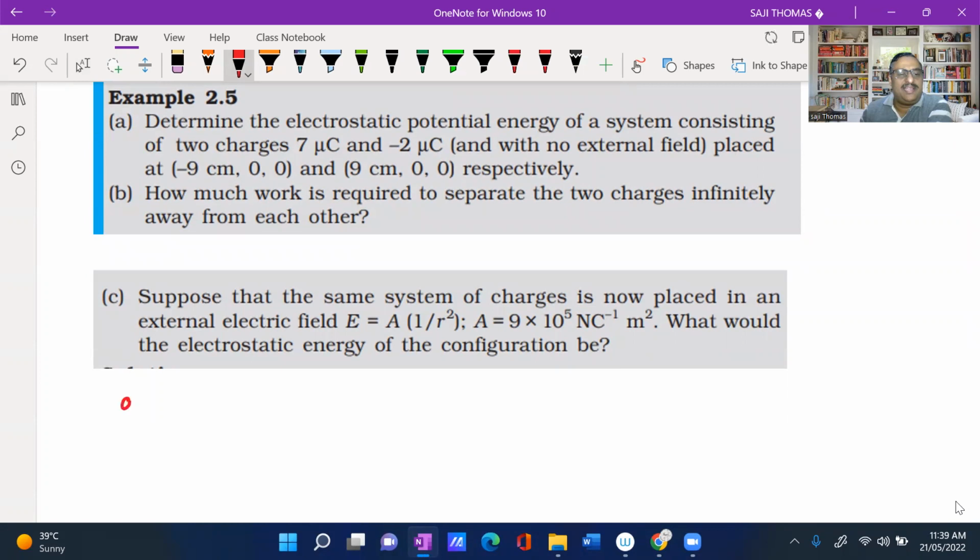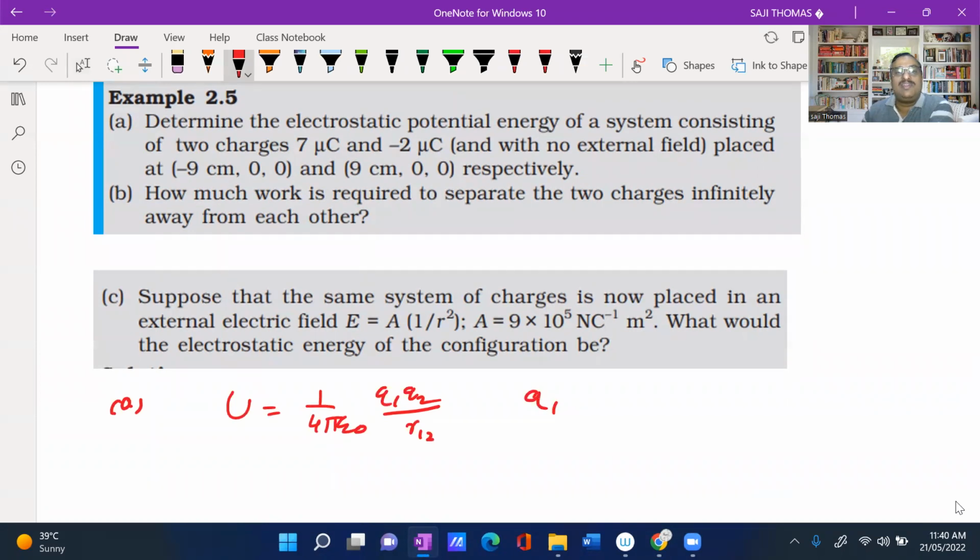And we already learned the equation for the potential energy between 2-point charges in the absence of an external field. You know the equation. What is the equation? U equals 1 by 4 pi epsilon 0 Q1 Q2 by R12.